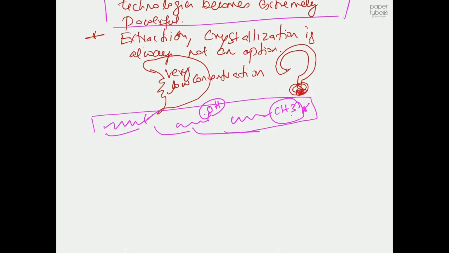And also adsorption is preferred over extraction or crystallization, especially when the concentration is very low. If you have to remove say 0.1 milligrams per liter of some compound, why would we go for crystallization? No matter, even if you go to cryogenic temperature, you cannot create a supersaturation, so obviously you cannot rely on crystallization.